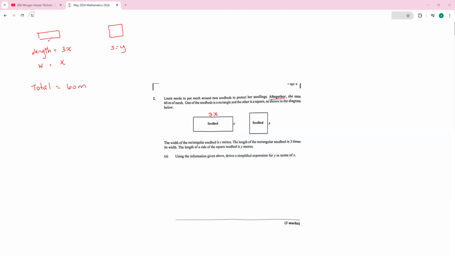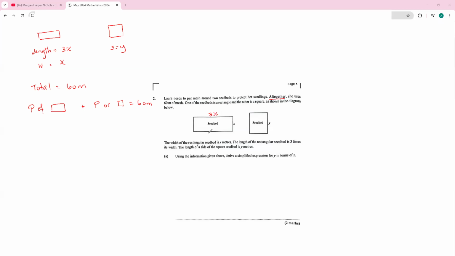So we find the perimeter of the rectangular seedbed, and when I add it to the perimeter of the square seedbed, it must be 60 meters in total. The perimeter is basically you add up all the sides around.